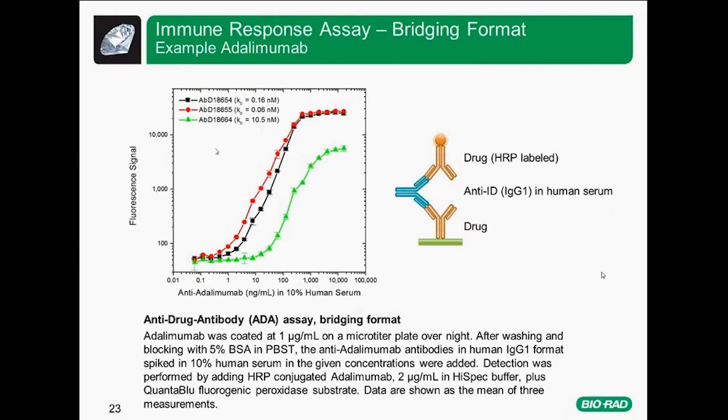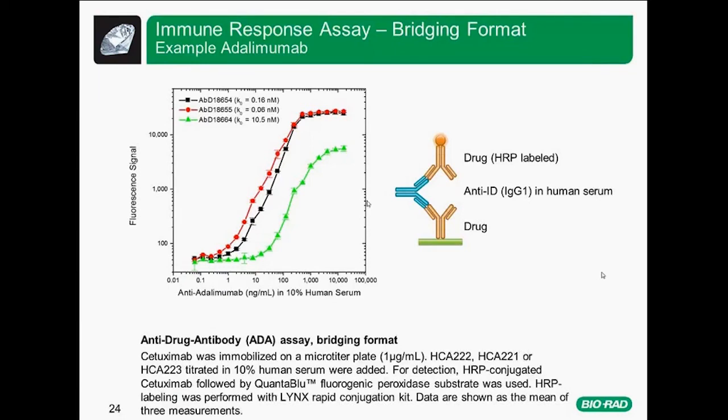What's very apparent is that the affinity clearly correlates with assay sensitivity. So here you can sort of mimic the natural immune response by using these different anti-idiotypic antibodies as reference standards.